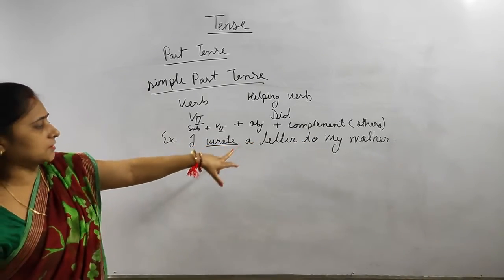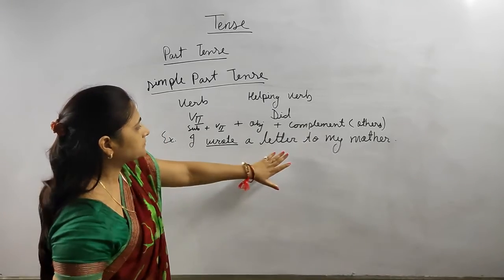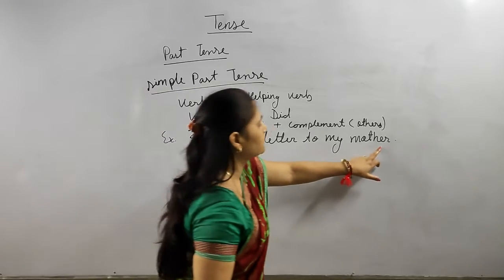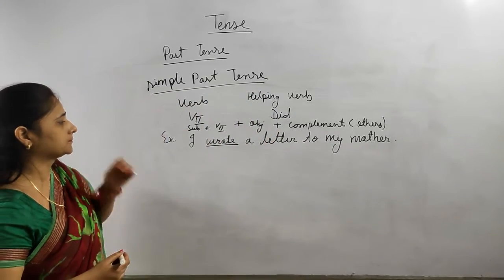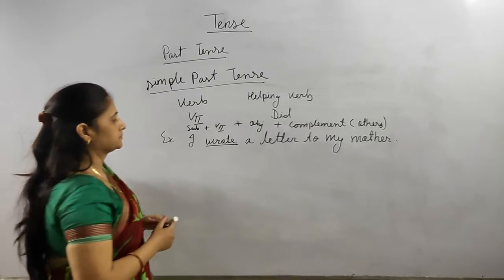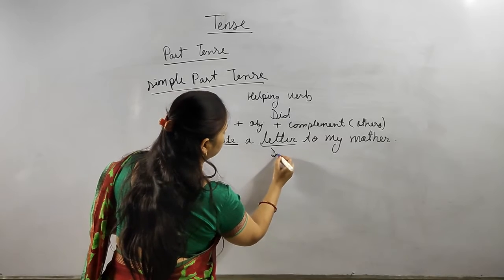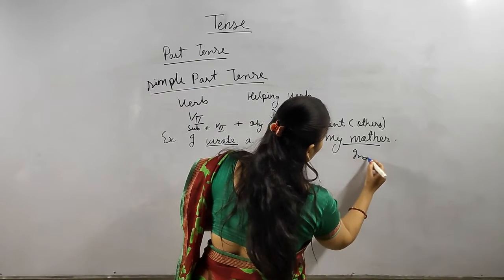There are two objects, direct object and indirect object. Here also you can say the direct object and the indirect object. Which one is the direct object and which one the indirect object? The letter is the direct object and my mother is the indirect object.